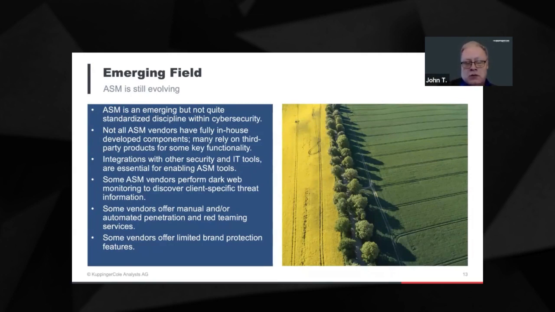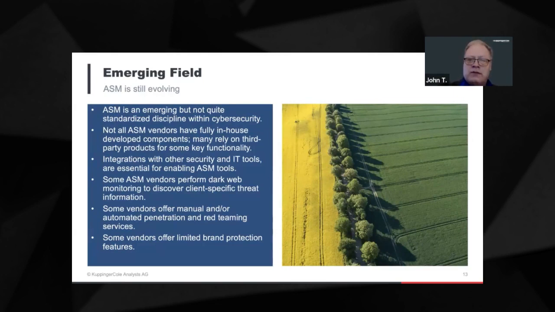Some of these also have additional services like manual or automated penetration testing, or even red teaming services. This can be an add-on that can help take the information discovered through the course of normal usage of ASM and make it even more tailored for an individual customer.